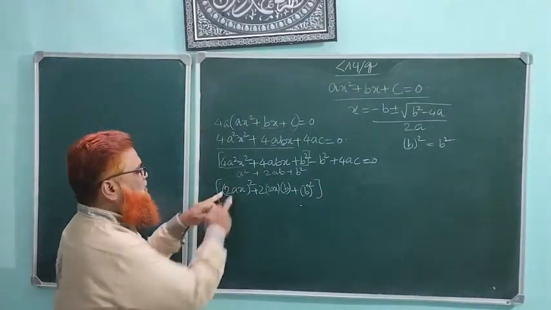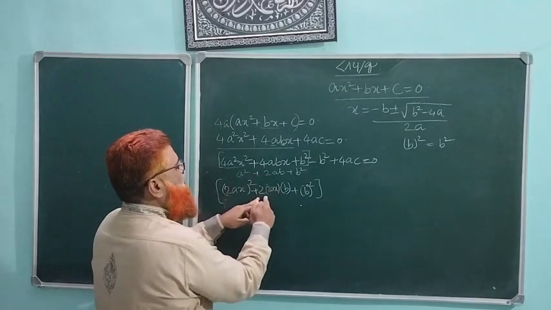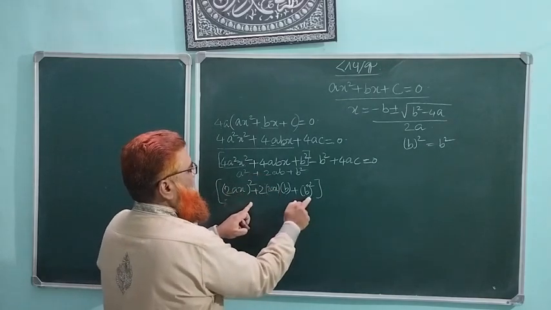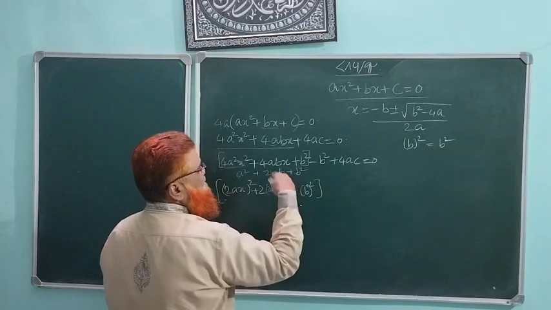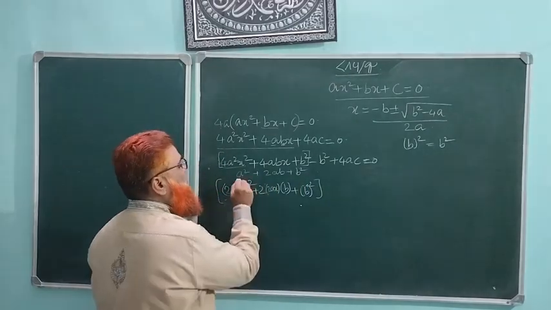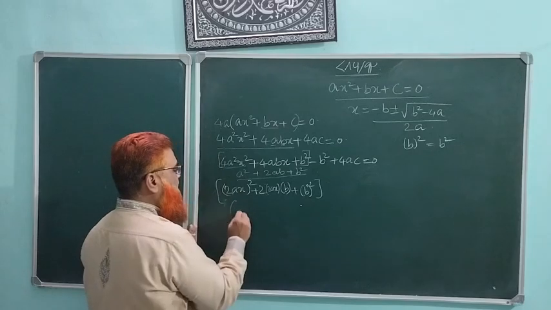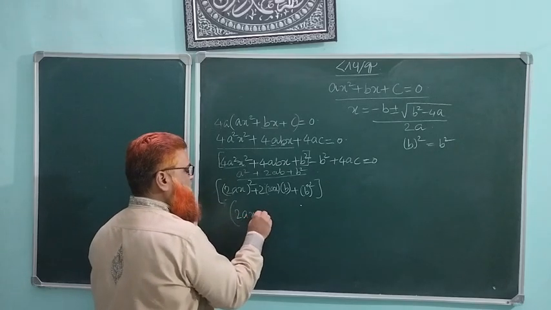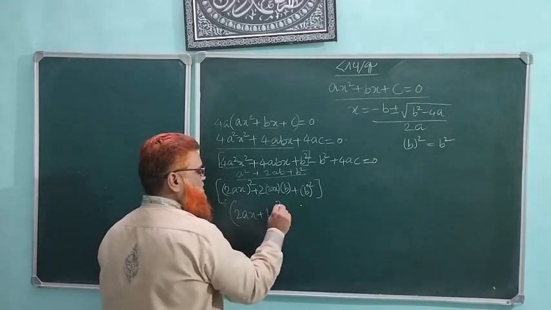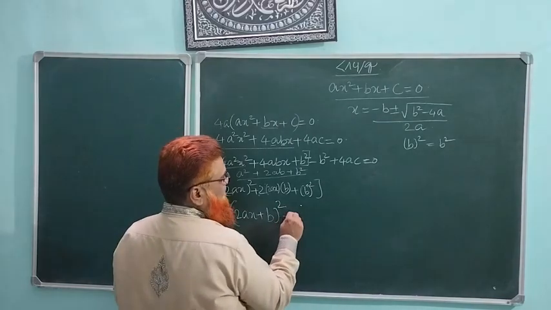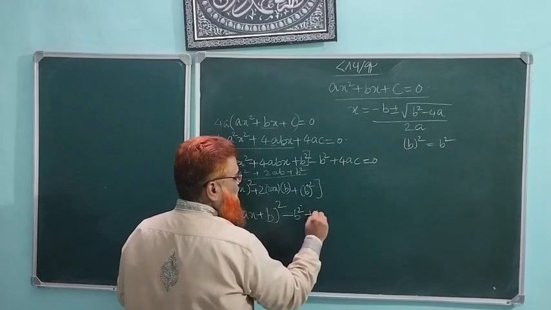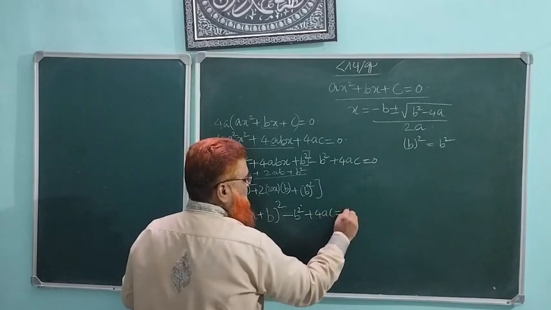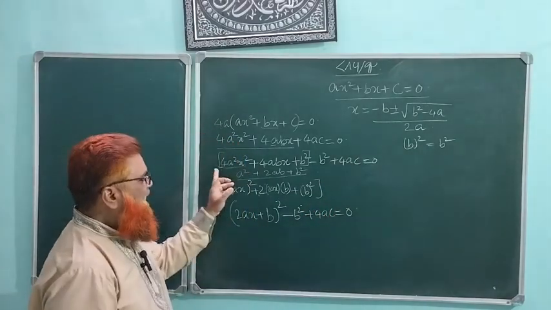It is of the form a square plus 2ab plus b square, which is equal to a plus b whole square. That form we apply here: 2ax plus b whole square, minus b square plus 4ac is equal to 0.